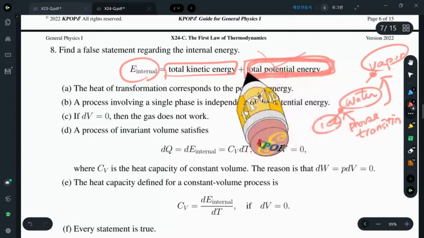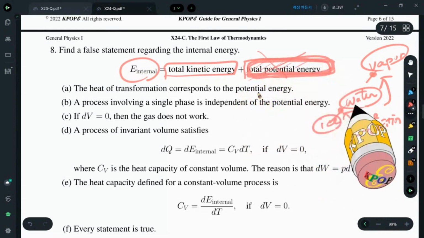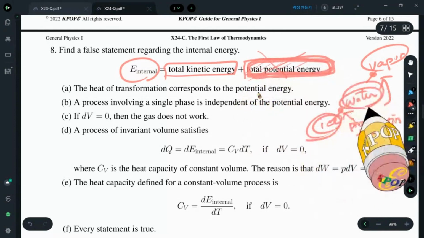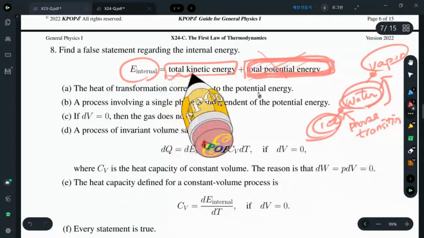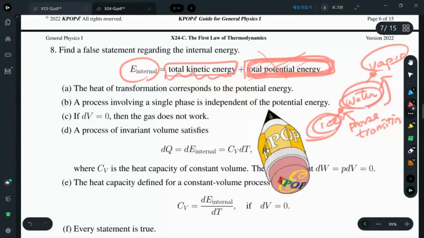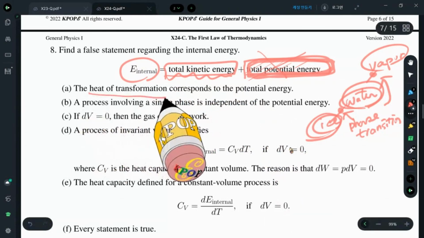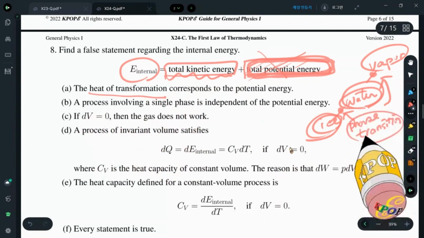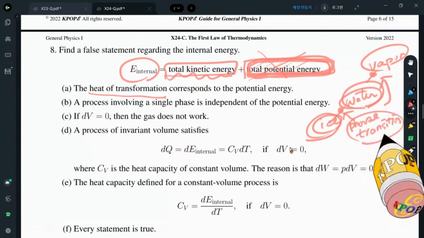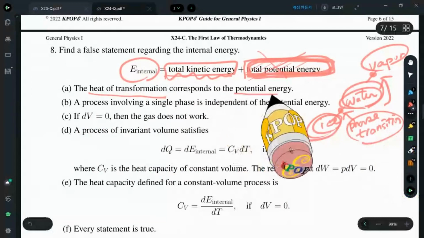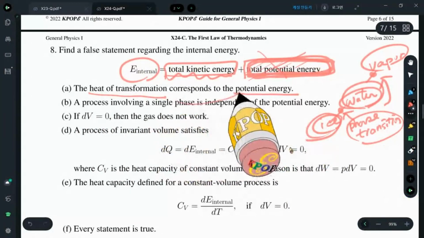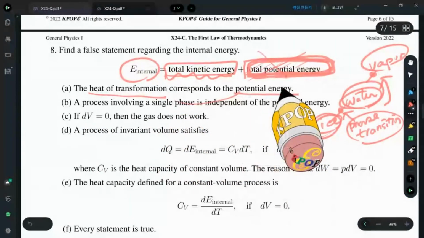That's quite important. However, during a single phase, only the kinetic energy is concerned. The heat of transformation is relevant to the phase transition, and that corresponds to the potential energy.